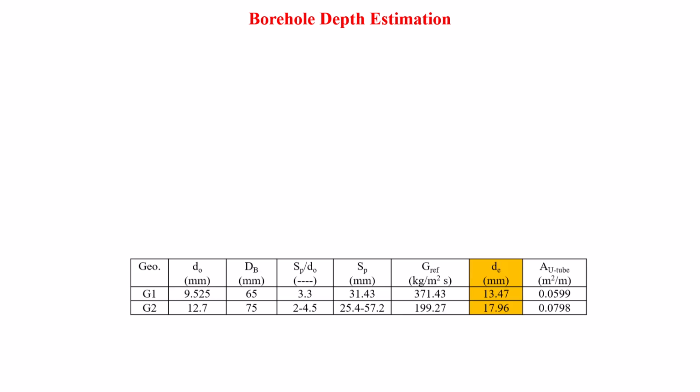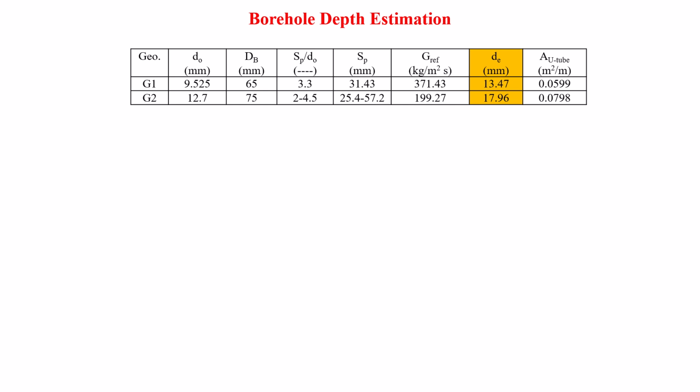To estimate the borehole depth of the geothermal heat exchanger, which can be deduced, of course, from the length of the heat exchanger, it depends on the D equivalent, which has been calculated for both the geometries, and these values were used to estimate the groove thermal resistance and the total thermal resistance.